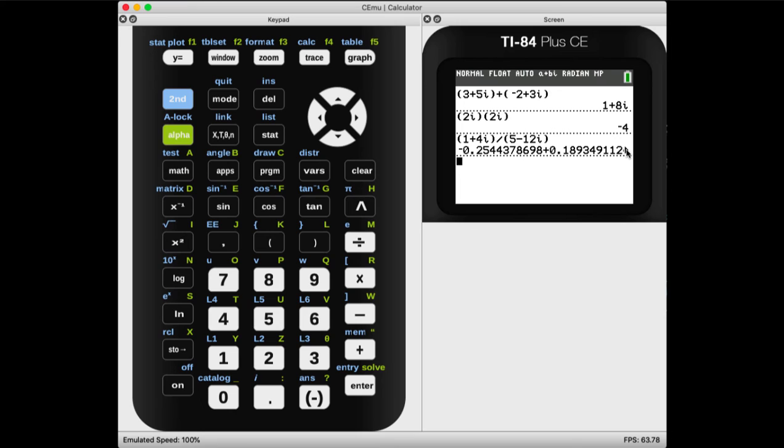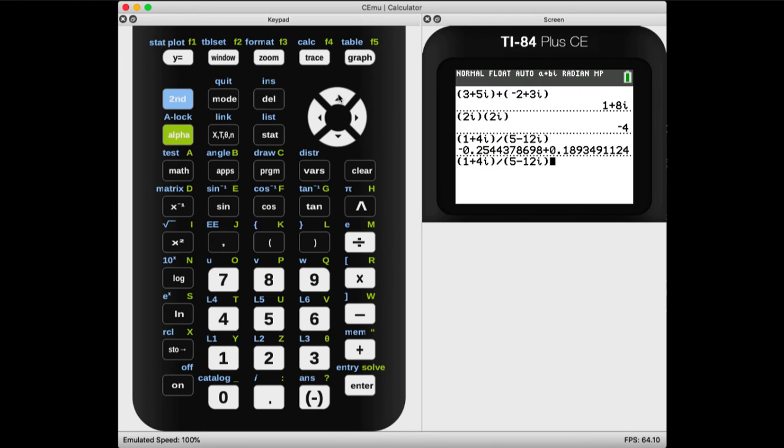You'd have to scroll up and scroll over to see it. So one thing we can do is display this as a fraction, which is what we want.